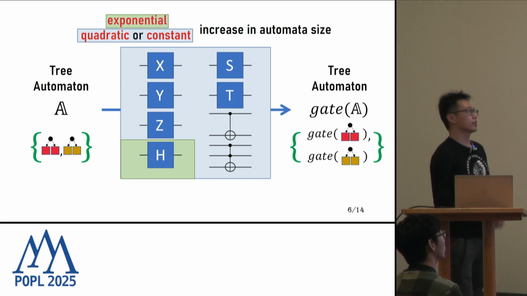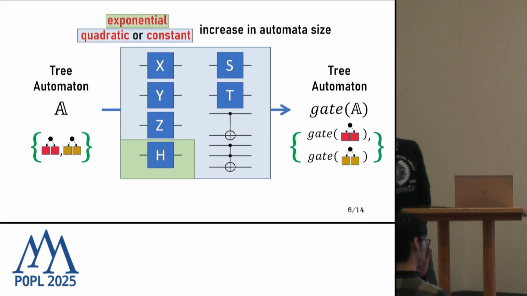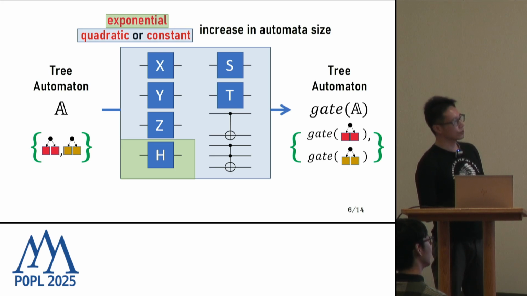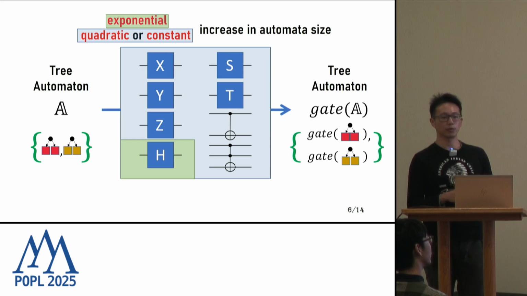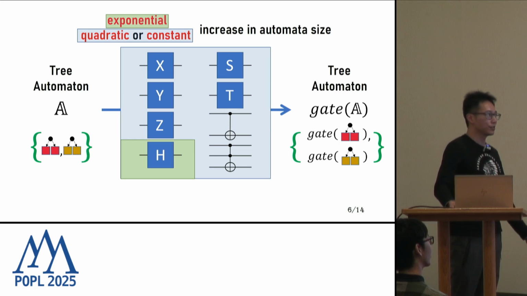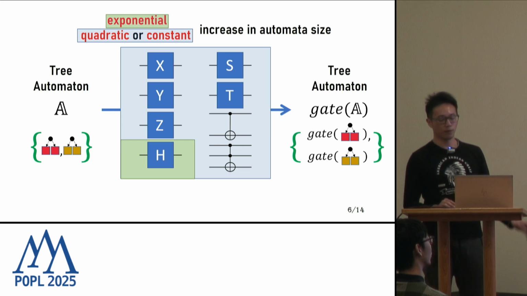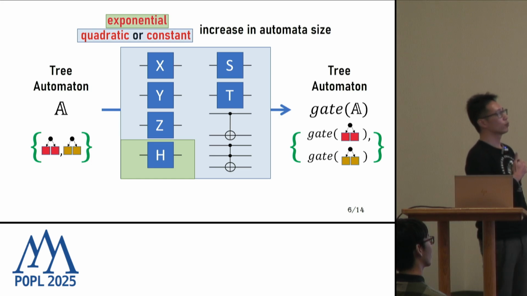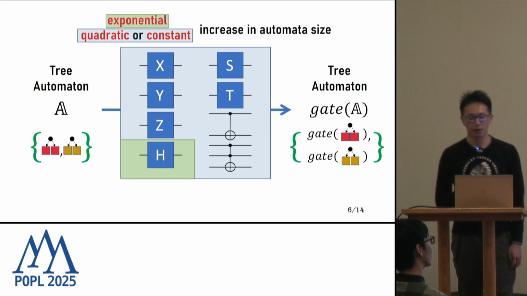And for the complexity, the size of the automaton increases quadratically or by a constant with respect to the size of the input automaton. This is for all of the quantum gates except Hadamard. For Hadamard, it will be exponential, and we will talk about the Hadamard gate later.